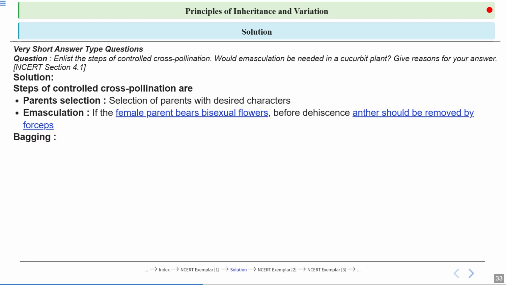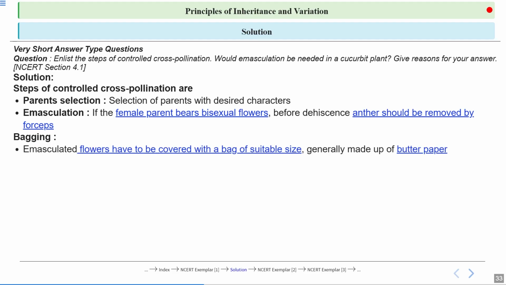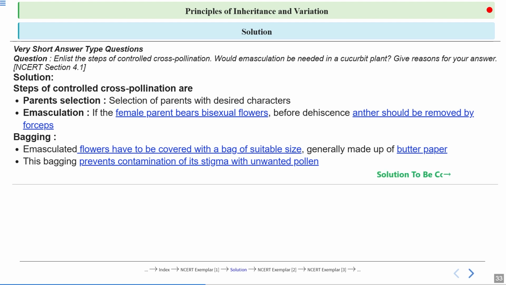Okay, next step is bagging. So the emasculated flowers are bagged now. Why are they bagged? Because they are bagged to prevent pollination from unwanted pollen. Clear? So they are bagged with the help of butter paper. So this bagging prevents contamination of the stigma with unwanted pollen.